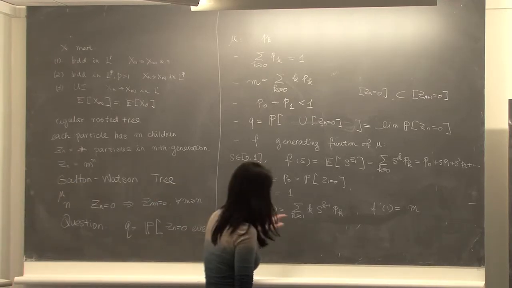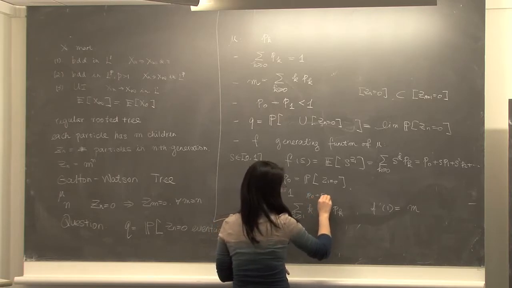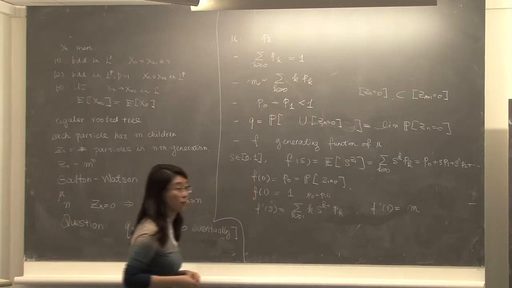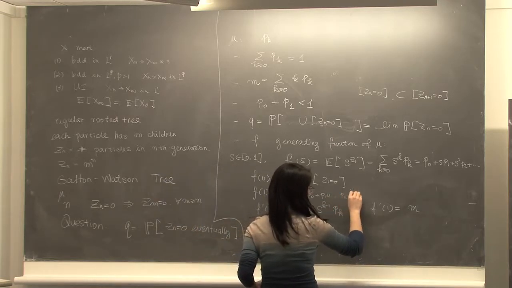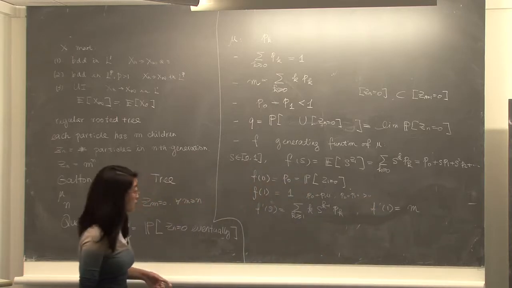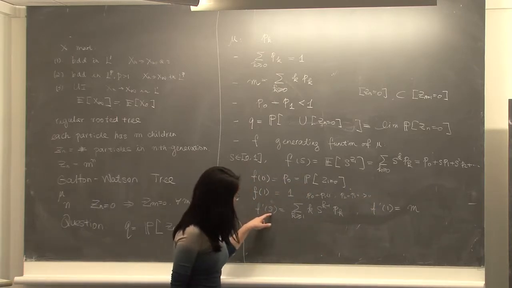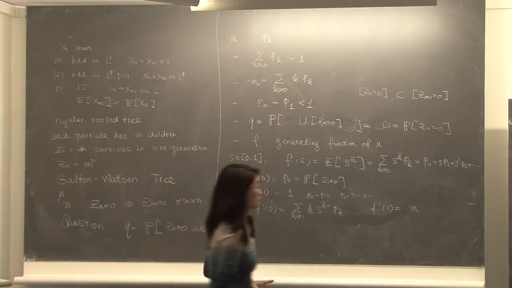And here we also see that since we assume p_0 plus p_1 is strictly less than 1, this means that p_k for some k at least 2 is strictly positive. So this tells us that when s is strictly positive, this derivative is strictly positive.